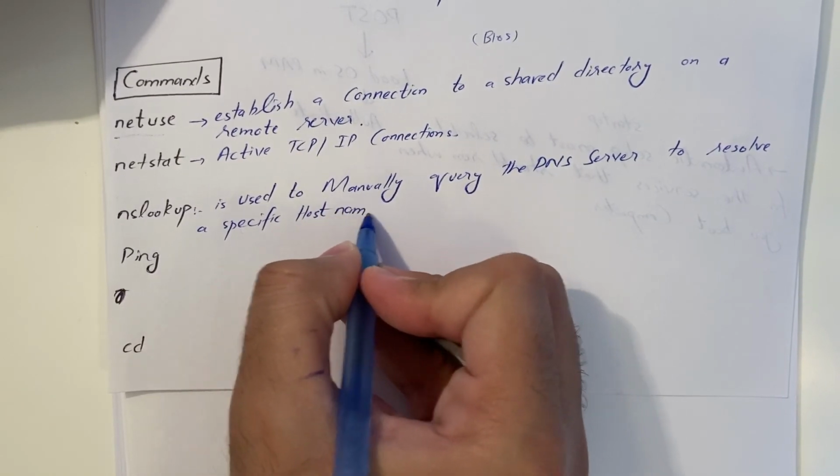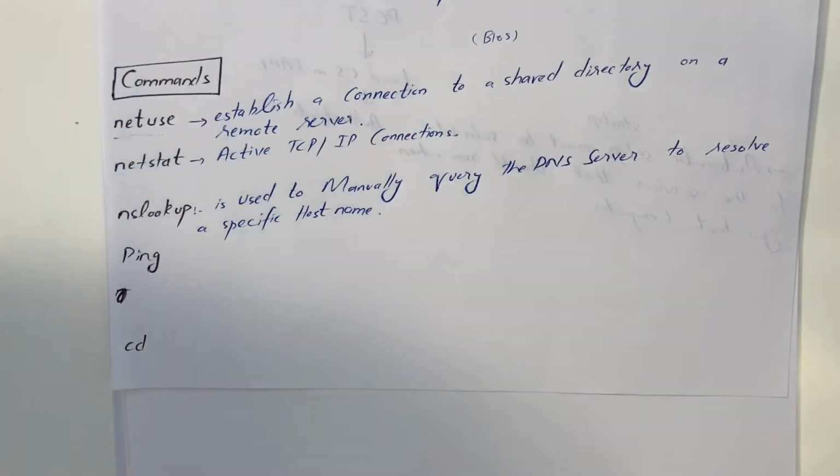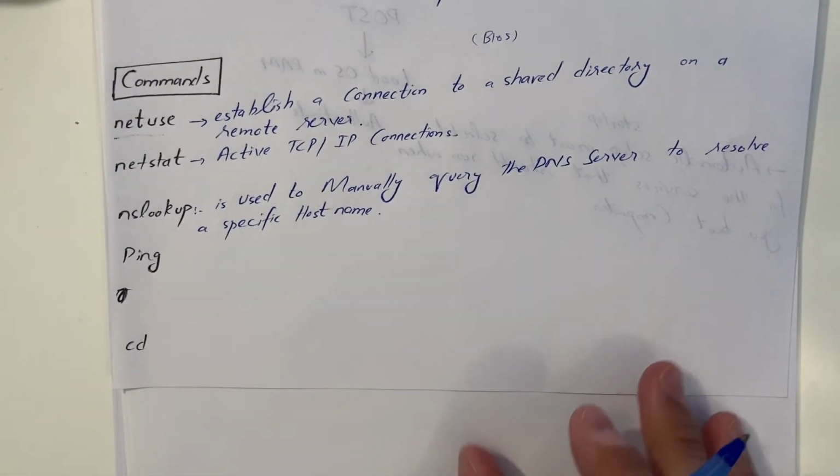So if you open your command prompt and just type NSLOOKUP, hit enter, you will enter NSLOOKUP. Then if you type www.gwinnetttech.edu, enter, you will see the IP address of Gwinnett Tech. So if you want to find the IP address of a domain name, just open command prompt, type NSLOOKUP, and then start typing the website, and you will see their IP address.